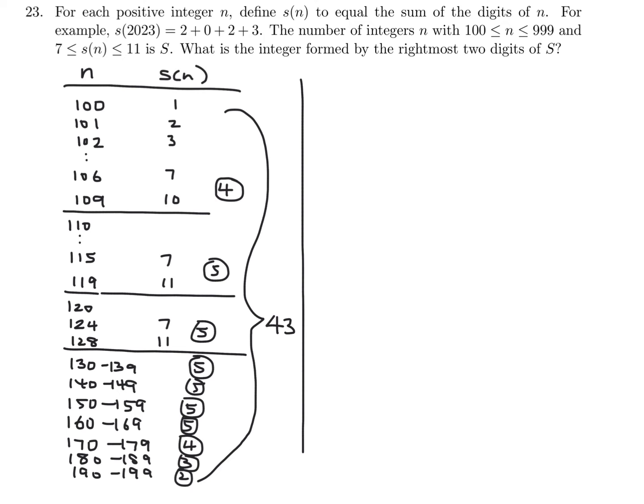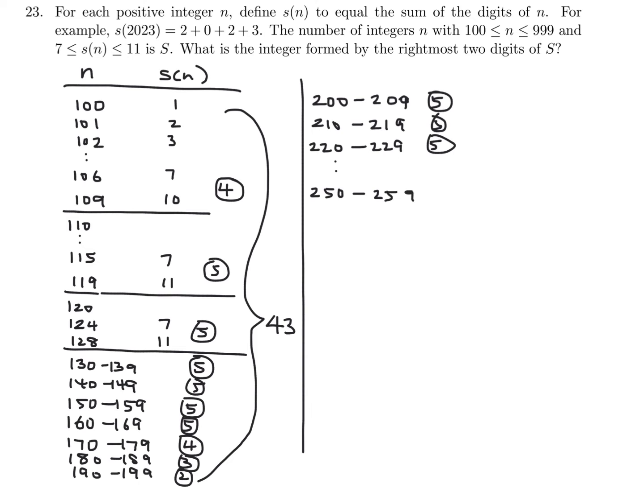Okay, so that took a long time. I'm hoping that the 200s won't take as long. 200 to 209, I think it's 5, and you can easily verify that. 210 to 219 is 5. 220 to 229 is 5, and so on. And I think 250 to 259 is the last time you get 5.